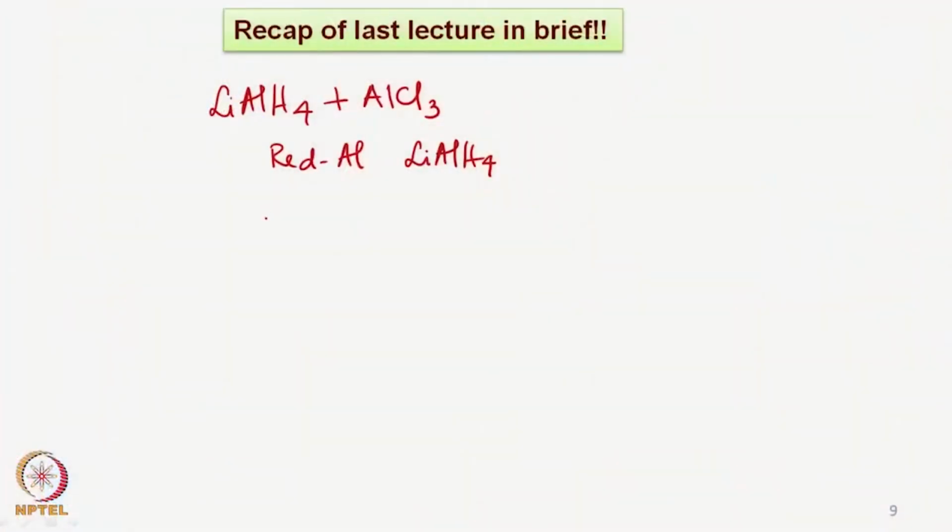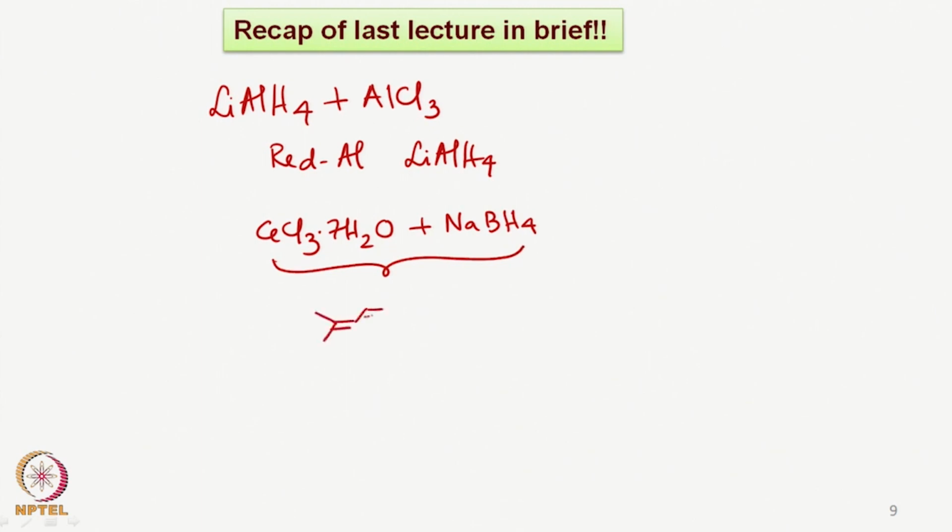And then towards the end we discussed Luche reduction, and as I mentioned, after a lot of combinations, Luche and Gemal found out that cerium chloride 7H2O, that means hydrated cerium chloride, along with sodium borohydride very comfortably gives a reducing system which allows reduction of carbonyl groups which are alpha beta unsaturated, can be aldehyde or can be ketone, and that leads to specific reduction with the reducing agent to the corresponding allylic alcohol.